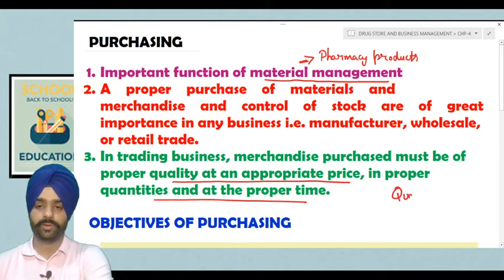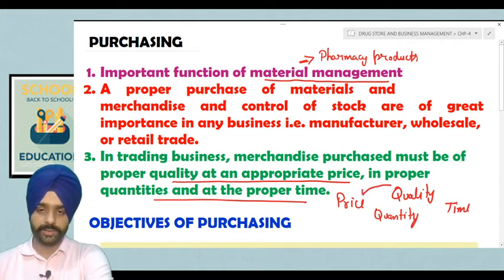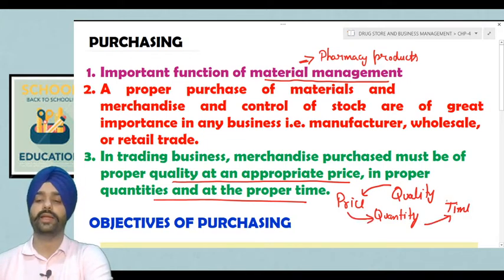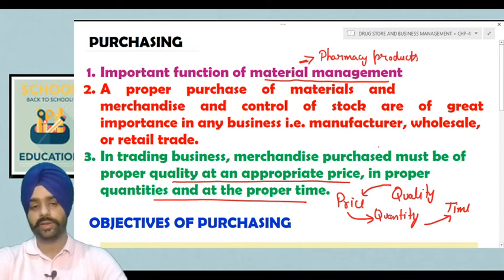Number 1, quality, then price, then quantity, and at last time. They should be supplied to the purchaser.